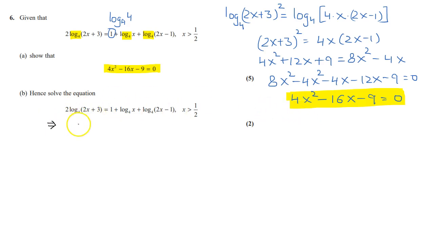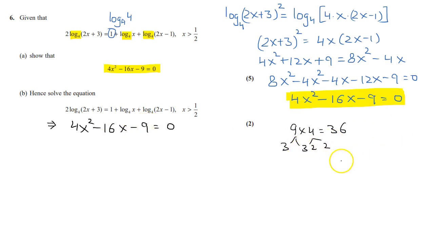So this is 4x squared minus 16x minus 9 equal to 0. 9 multiplied by 4 is 36. This is 3 times 3 and this is 2 times 2. We need 16.